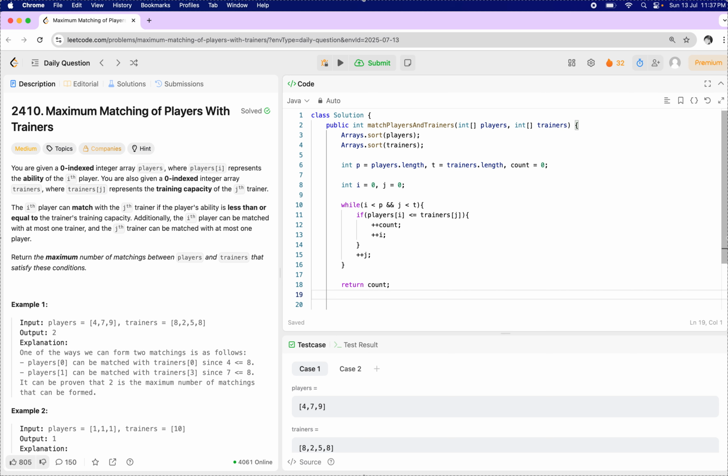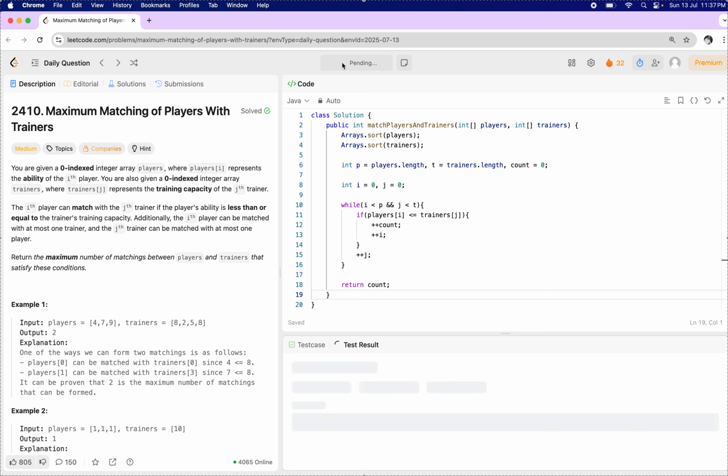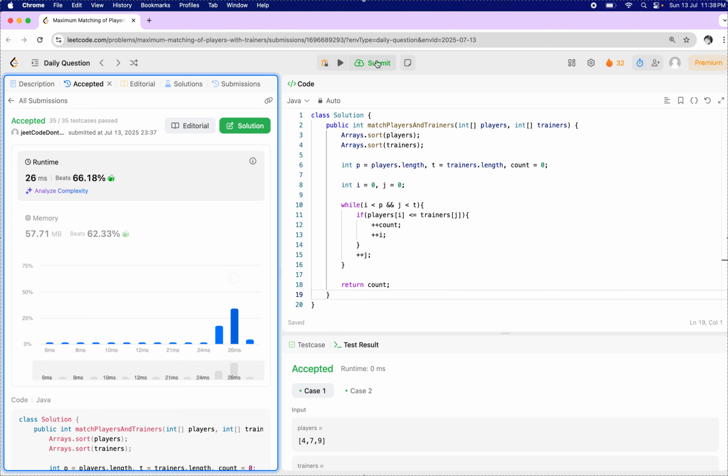Let's just submit this. Perfect. So this is one way to solve this problem.